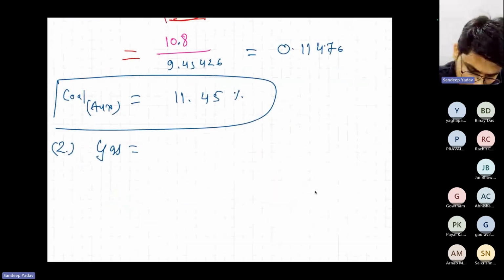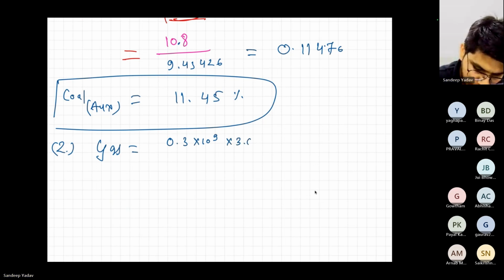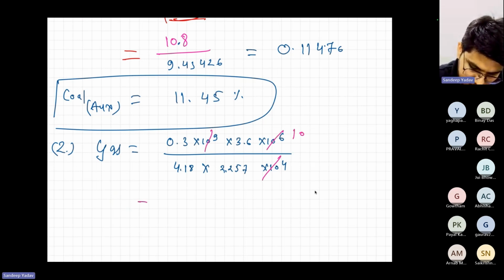Similarly, it will be 0.3 into 10 raised to power 9 into 3.6 into 10 raised to power 6, divided by 4.18 into 2.257 into 10 raised to power 14, a unit conversion.